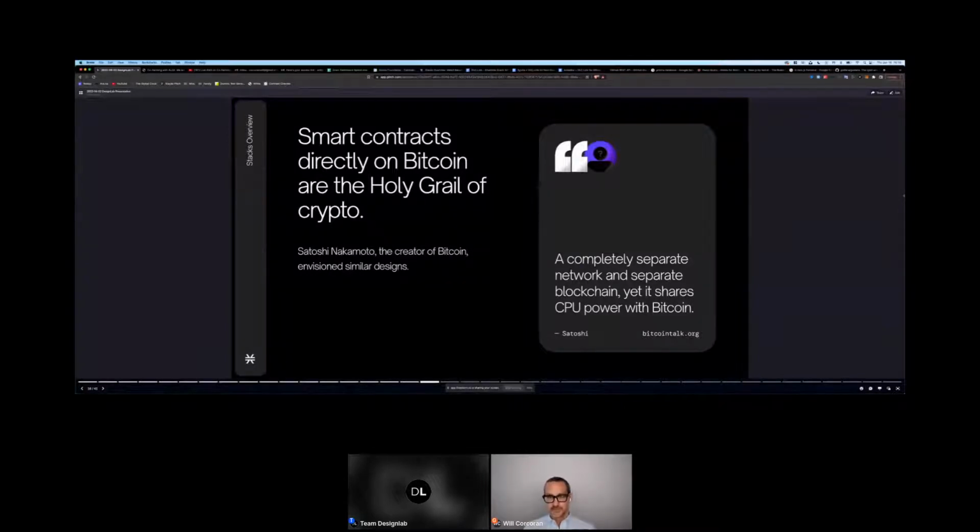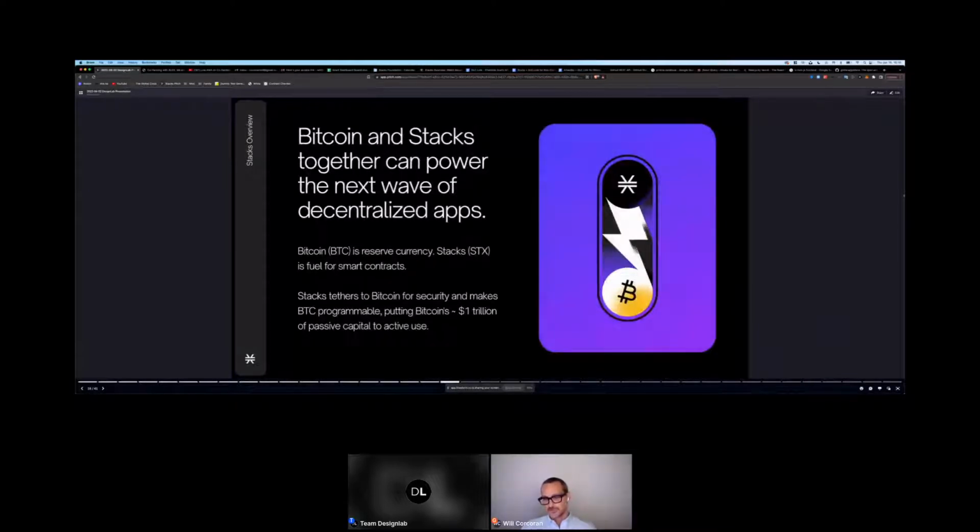Depending on the use case, you probably don't want to skip on the security part. All of this is to say, we feel like Bitcoin as the base layer is really, really, really secure. And when you start to think about scalability and programmability and expressive functions, that's where Stacks comes in.